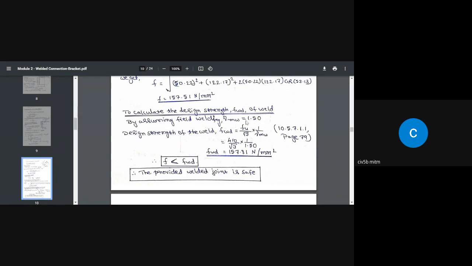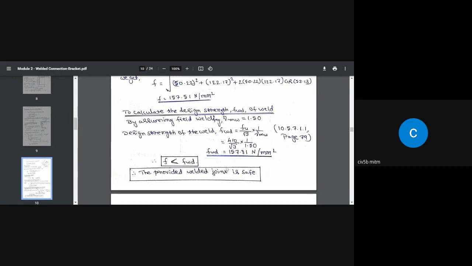By assuming the welding is being done at this site, we can take gamma MW equal to 1.50. Therefore, FWD equal to FU by root 3 multiplied by 1 by gamma MW. So we know this formula from the code book. Substitute the values. So we get FWD equal to 157.81.